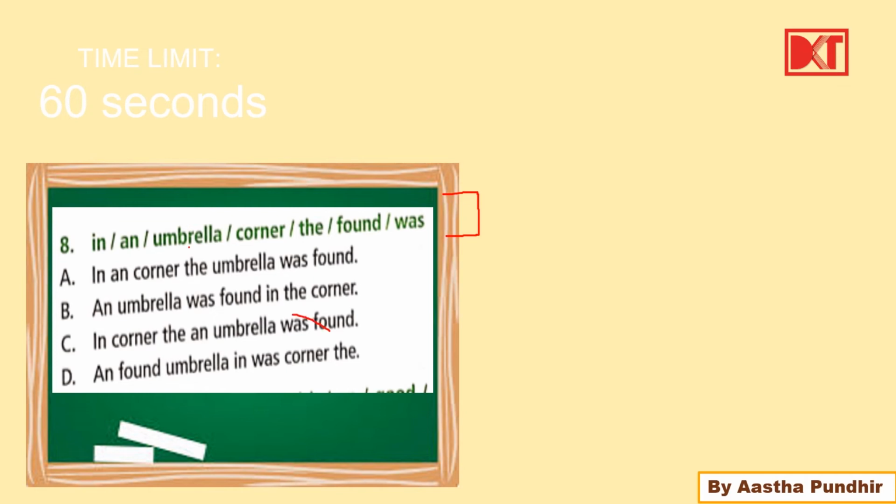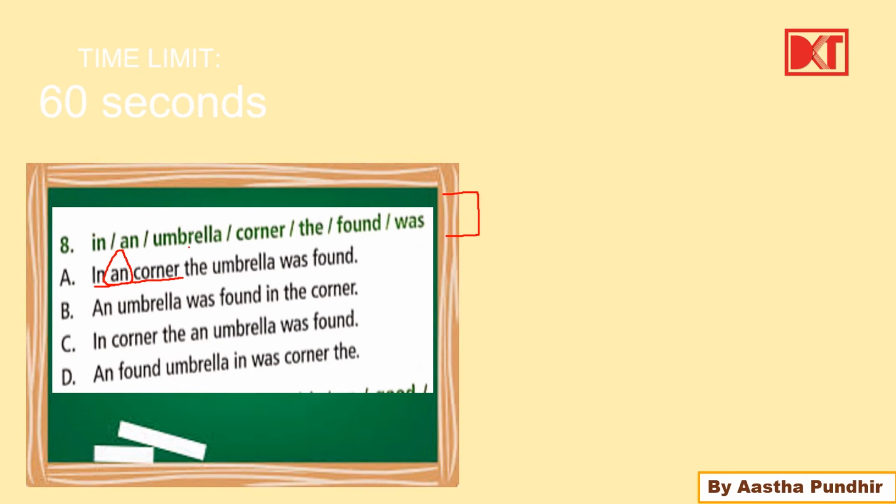Now if you see a few sentences, let's revise one of our previous topics, that is articles. Now you see here, in an corner. Now you remember an is an article, and when is an used? An is used in the case of a singular countable noun but with a vowel sound.